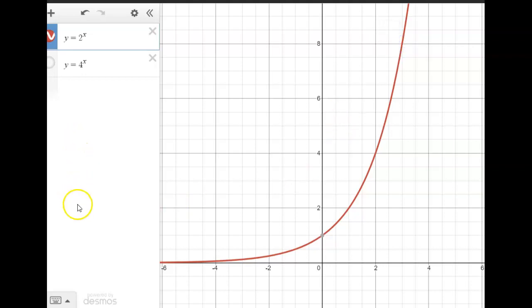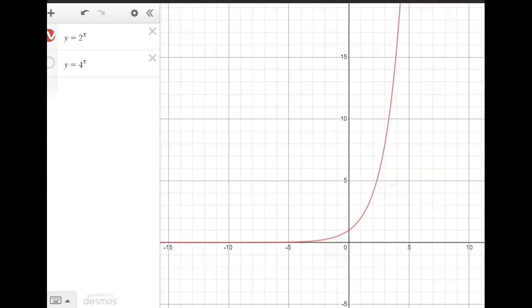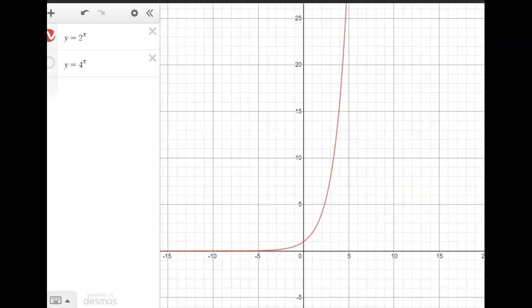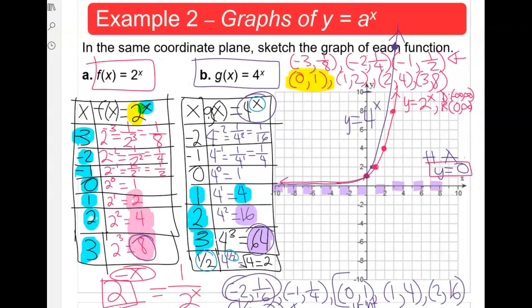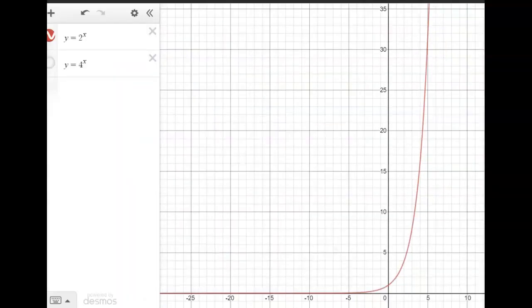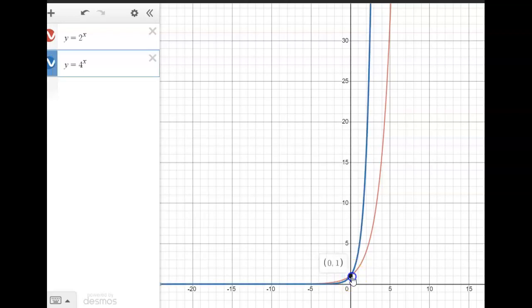So if I graph the one in blue, and I'm actually going to zoom out a little bit so you can see better. Okay, here we go. I'm going to go ahead and graph the one in blue, which is 4 to the power x. And you can see that they both have the same y-intercept here at the point 0, 1.